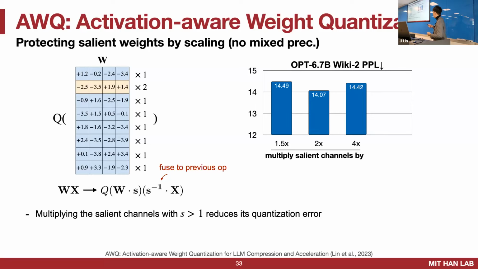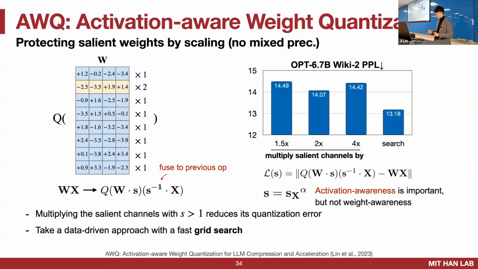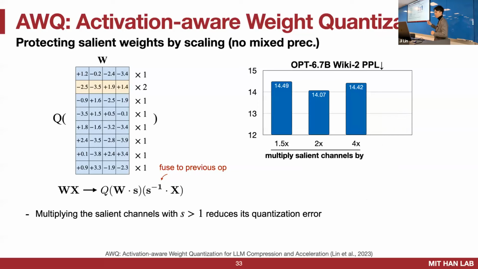Simply by scaling the salient channels up, we can reduce their quantization error. As we show on the right-hand side, if you scale it by 1.5 or 2 or 4, they are already getting perplexity smaller than 15. If you just do round-to-nearest, it's something like 40.